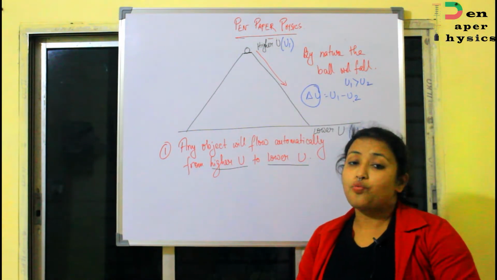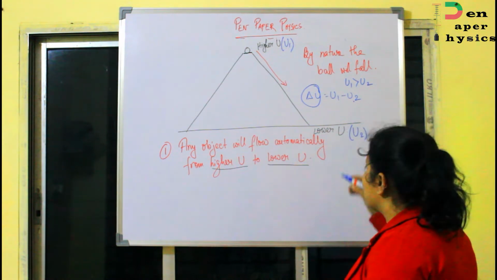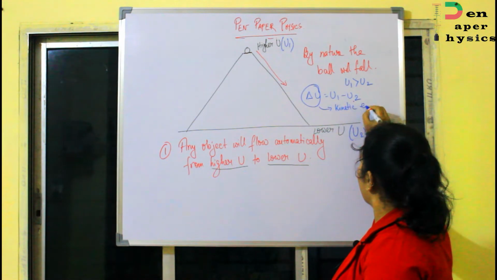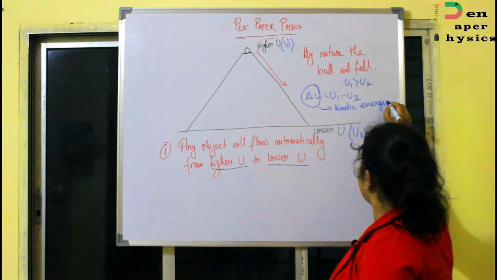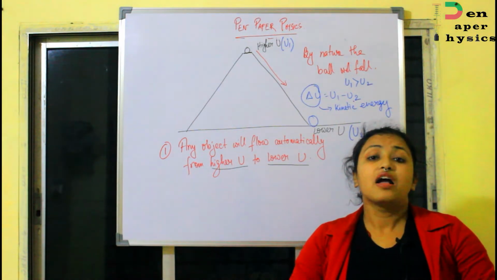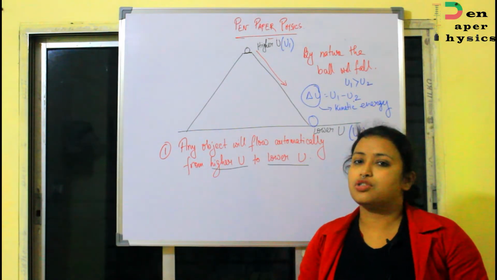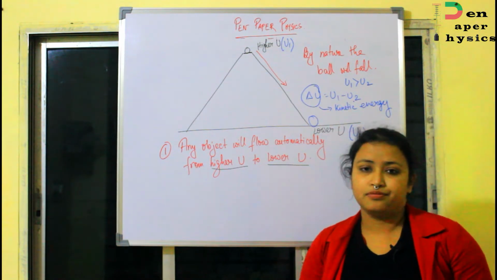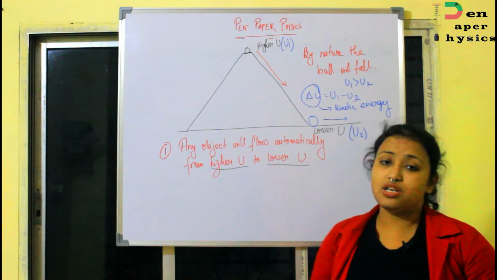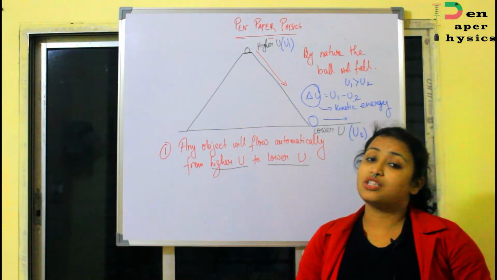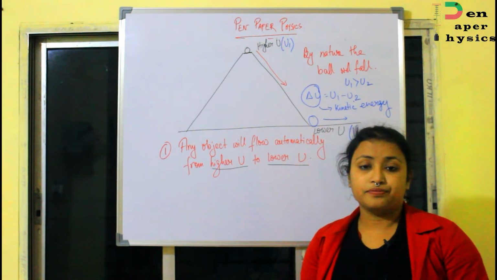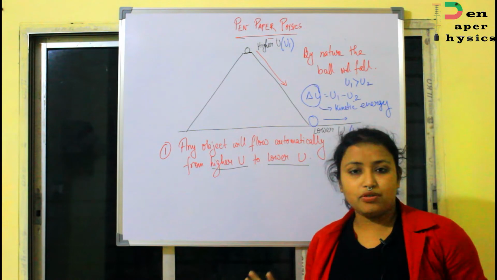This energy will be converted to kinetic energy. That means when the ball is coming down at this region, it will have kinetic energy due to which the ball will move. The ball will further move ahead in this direction because of the kinetic energy it has gained due to this change in potential energy. Clear about this scenario?